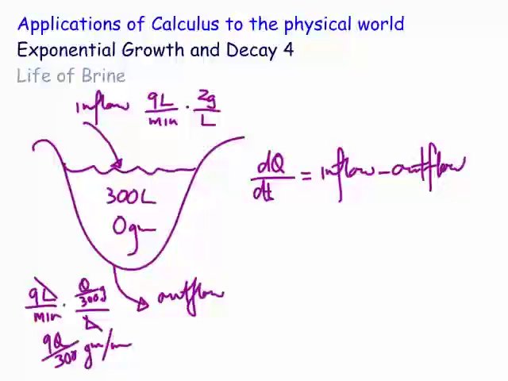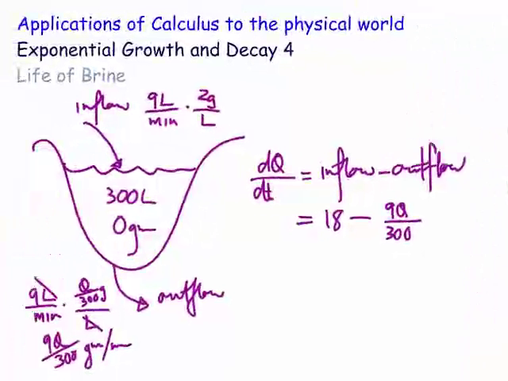How much is flowing in? It's 9 times 2, which is 18, so 18 grams of salt flowing in. How much is flowing out? We did that calculation: it's 9Q over 300, which we will simplify shortly.